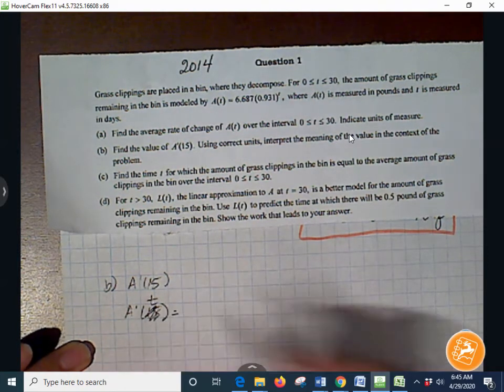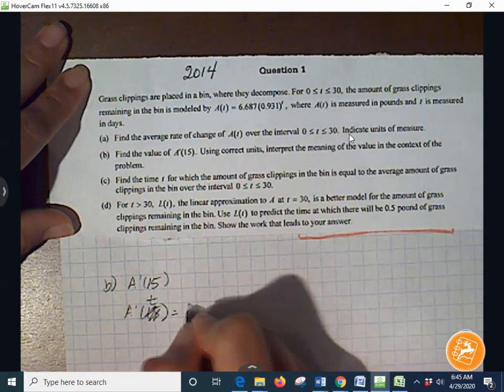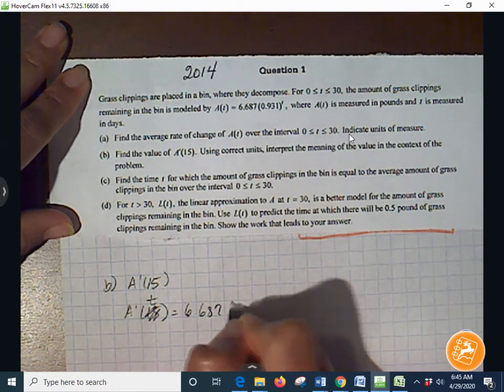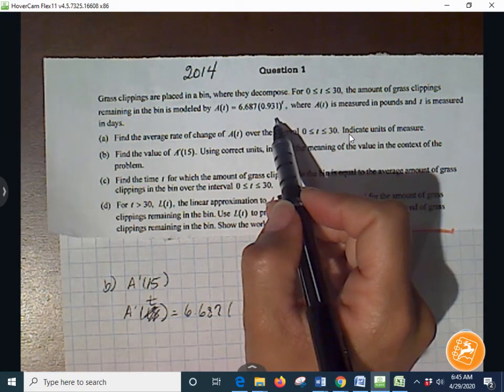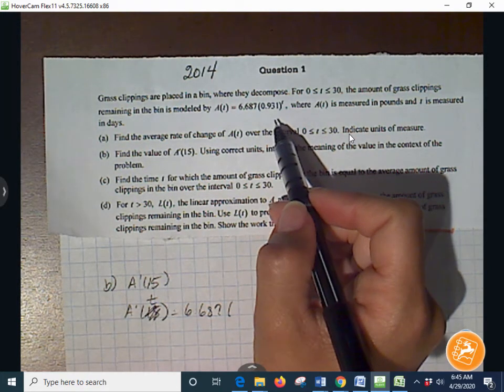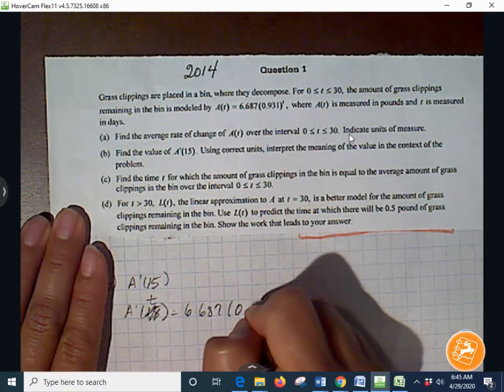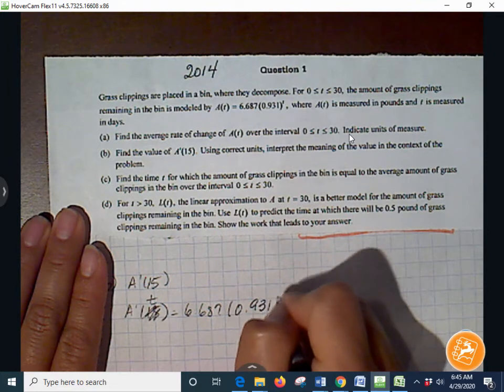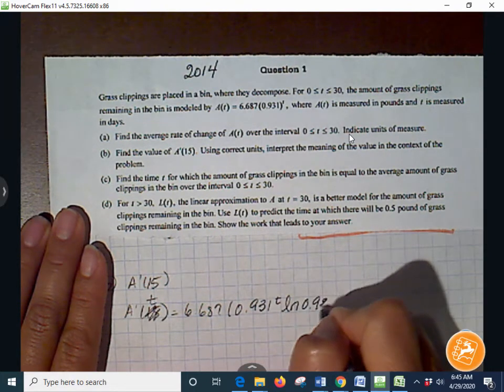Finding the derivative. Okay, so the derivative of this, well, this is a coefficient, so it's going to be 6.687 times, and then I'm going to do my derivative of a to the x, which is a to the x natural log of a. So in this situation, it's 0.931 to the t times natural log of 0.931.